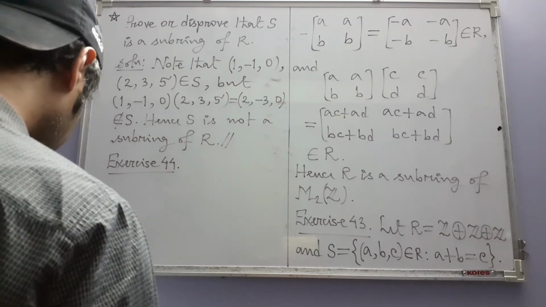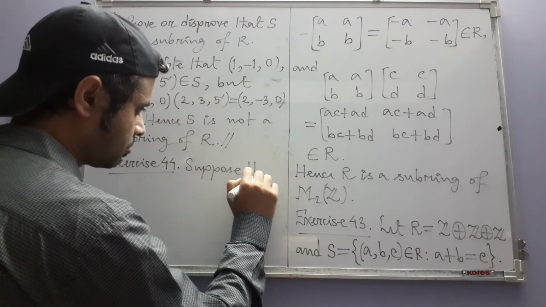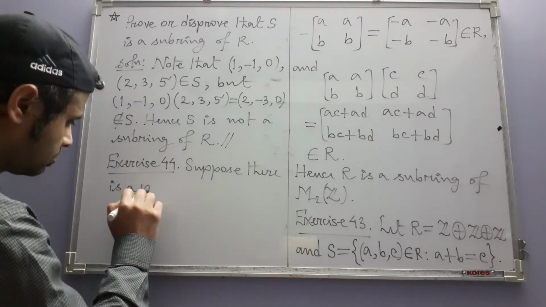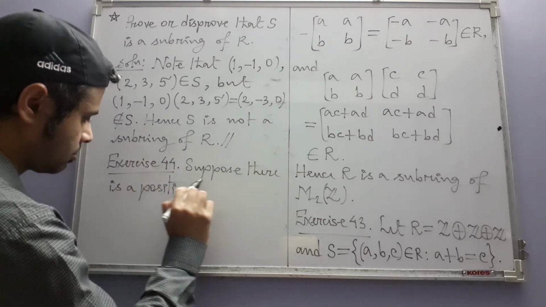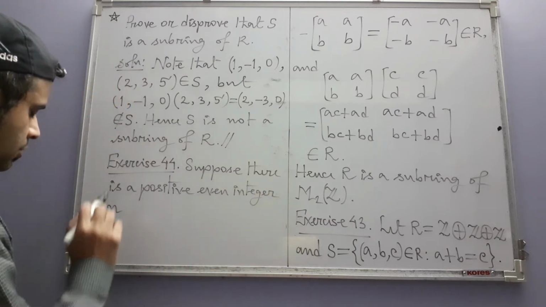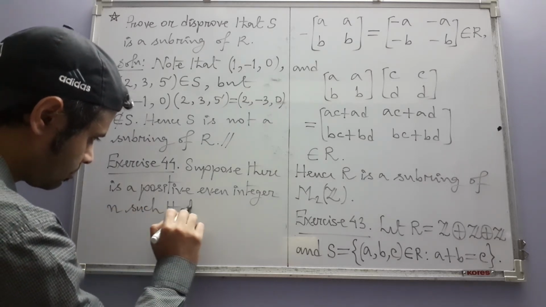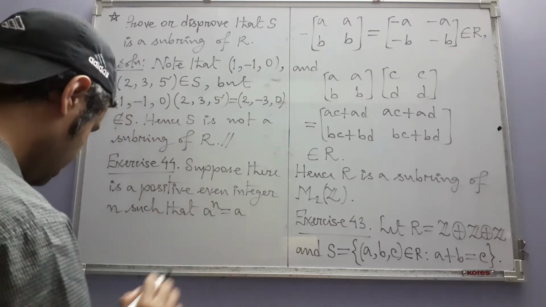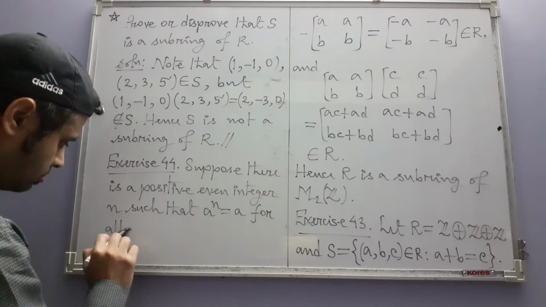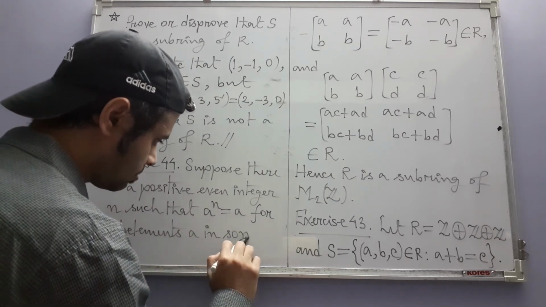Exercise 44. Suppose there is a positive even integer n such that the nth power of a is equal to a for all elements a in some ring.